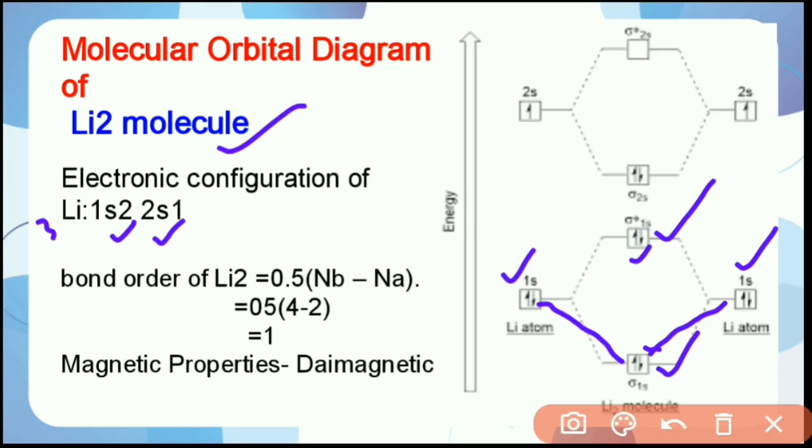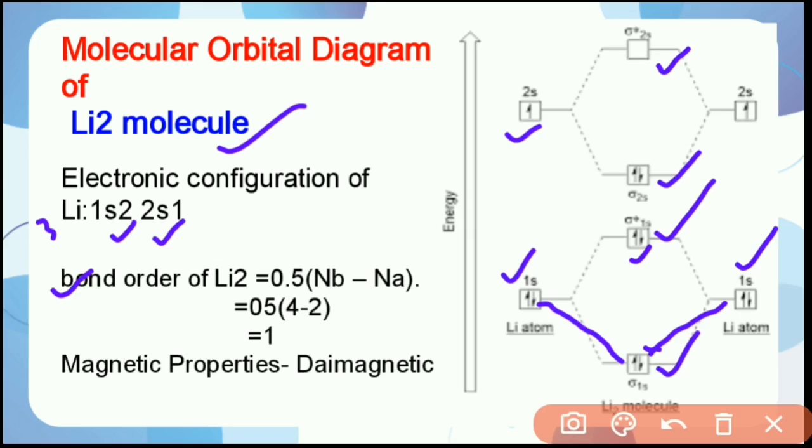Then in 2s, only 1 electron is present, so its electron fills only the bonding molecular orbital by constructive interference. For anti-bonding, no electron is present from a lithium atom in the 2s orbital. So let's see the bond order for lithium molecule.